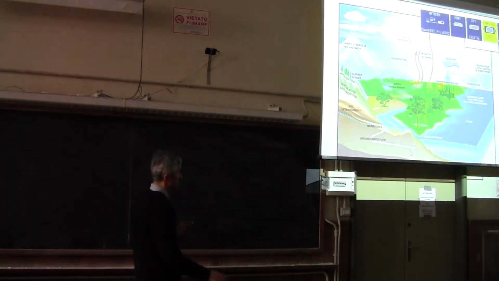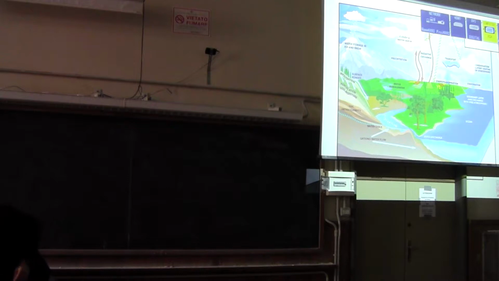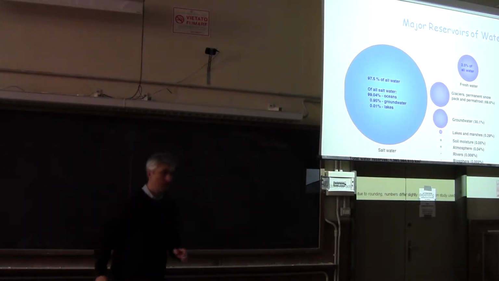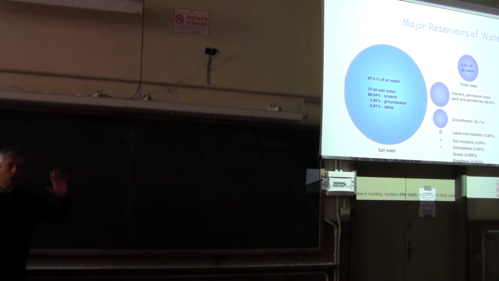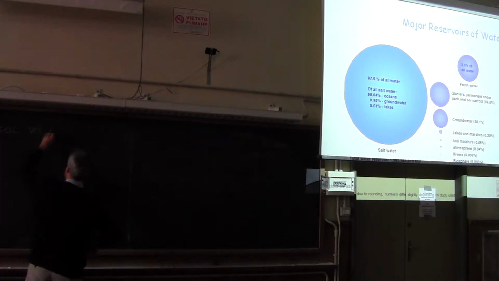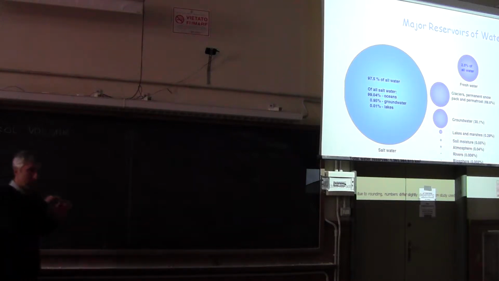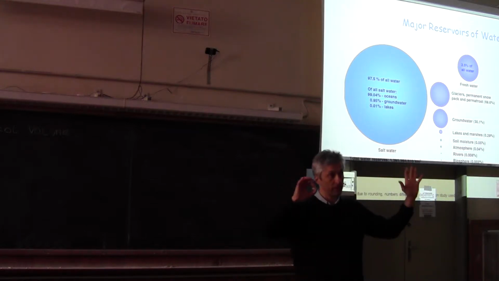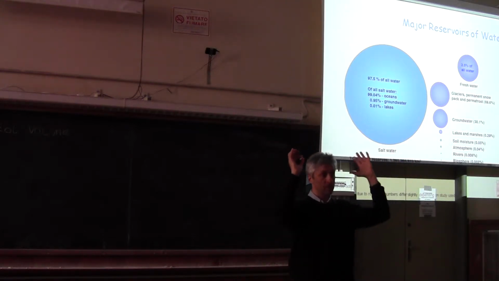The water balance equation should first of all be applied to a volume of space, which we call the control volume. I will define the control volume better later on. For now, let's say that you need to consider a volume in space, fixed or moving, where you want to apply the water balance equation.